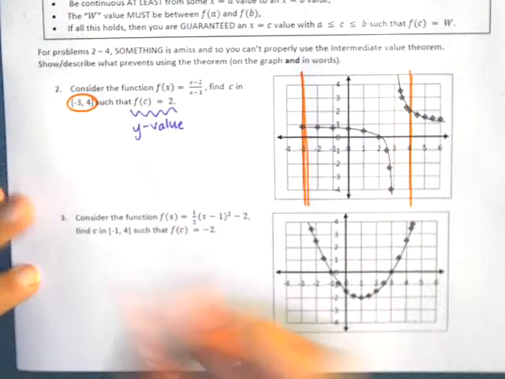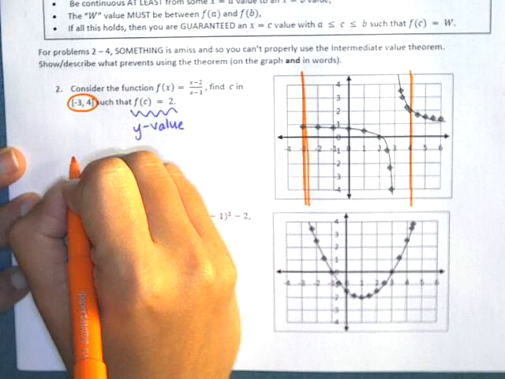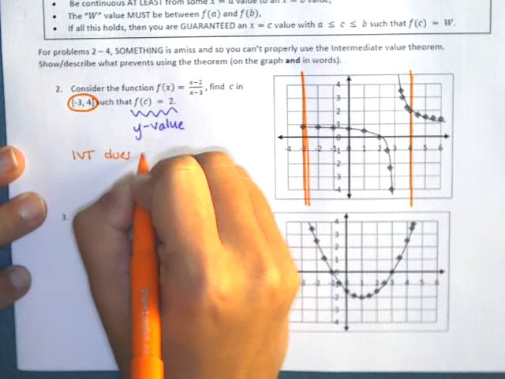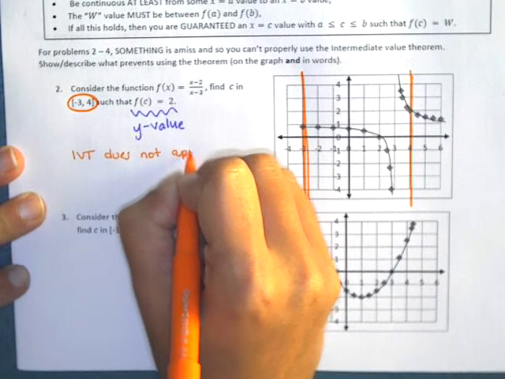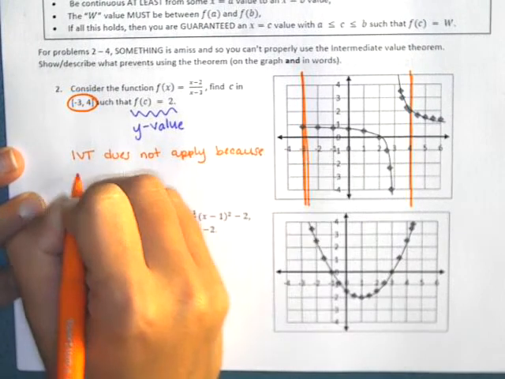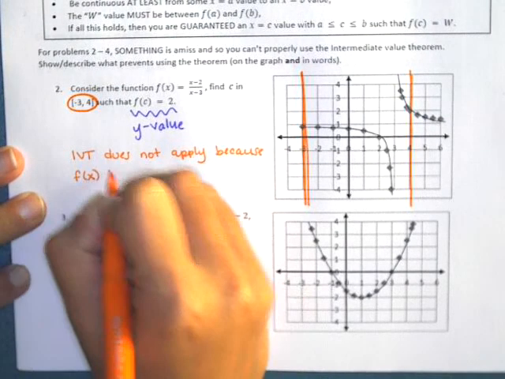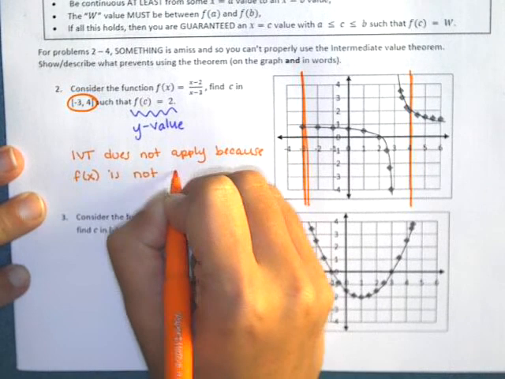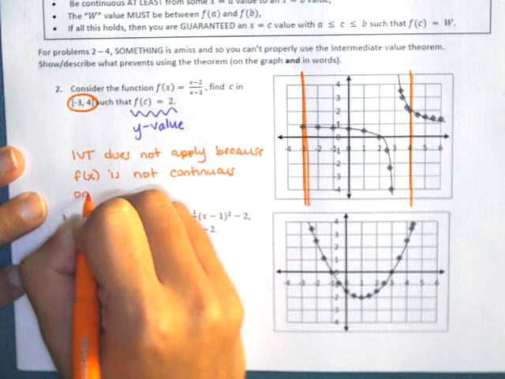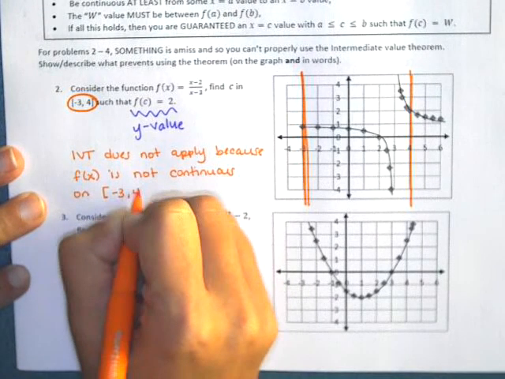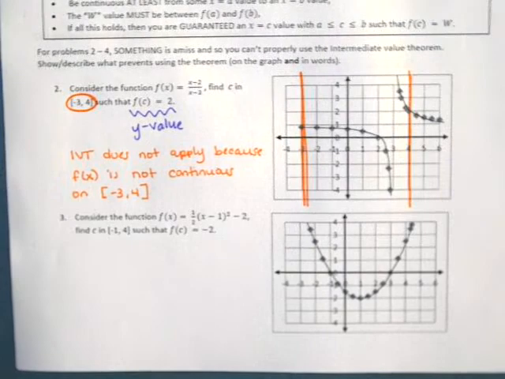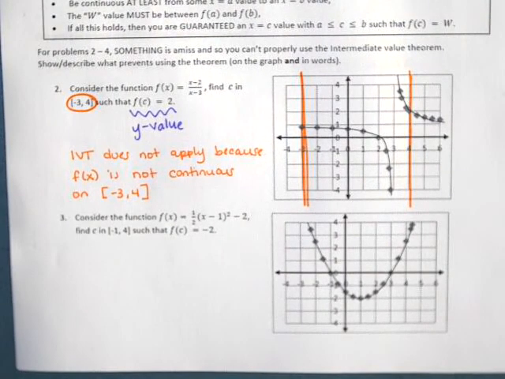So I would say the intermediate value theorem does not apply because f of x is not continuous on this interval, because there's a huge infinite discontinuity somewhere in that chunk of the graph.